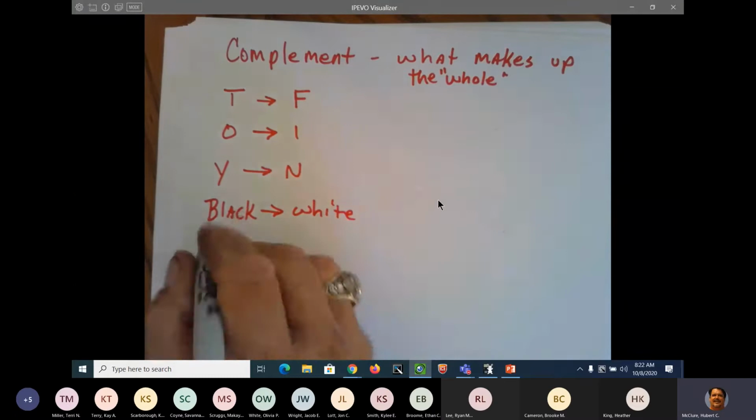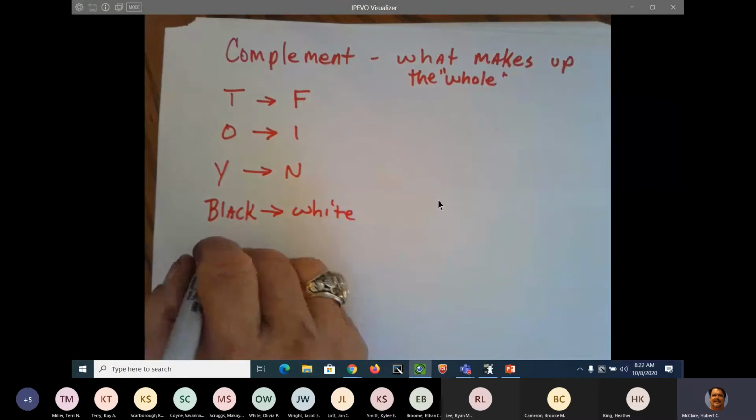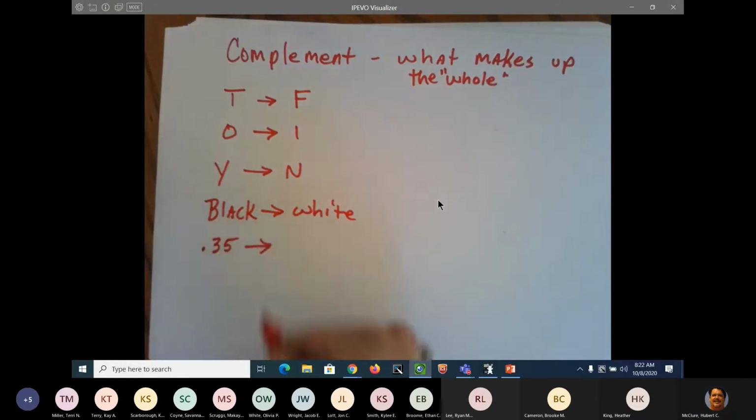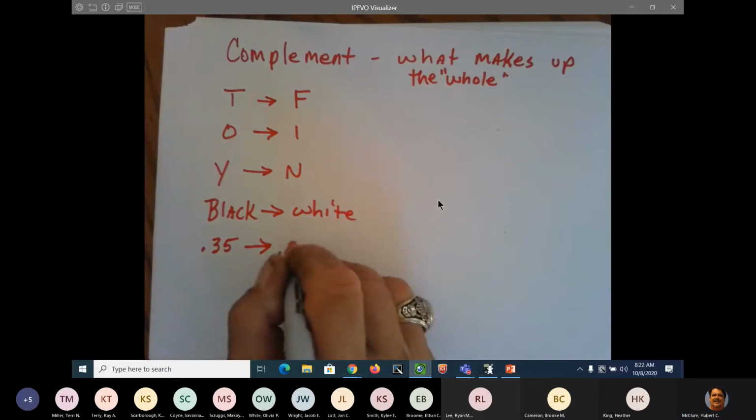What's the complement of 0.35 to 1? 0.65.